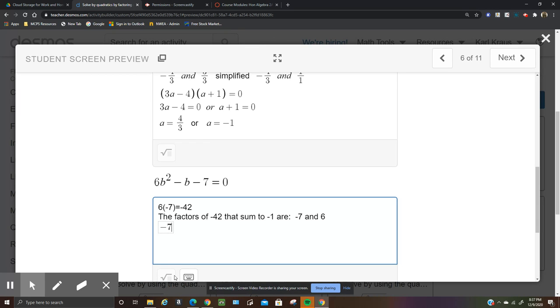So it's negative 7/6 and 6/6. I can't simplify the first one any further, so you can leave it at negative 7/6. And 6/6 becomes 1/1.